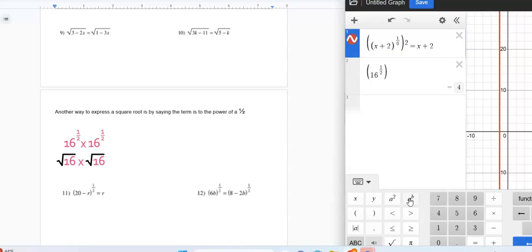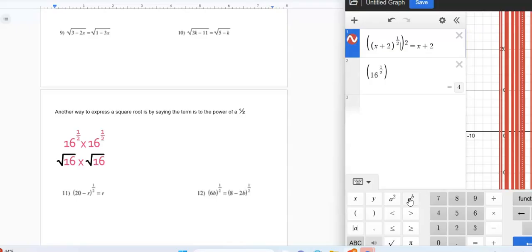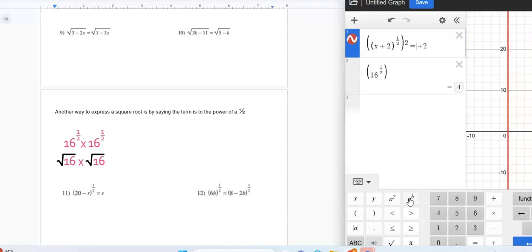Something that I kind of regret not teaching you before this unit, that I'm going to teach you in the spring, is exponent rules. This half is an exponent, and you have a 2 here that's an exponent. So we have an exponent of an exponent. What do you do with the half and the 2?